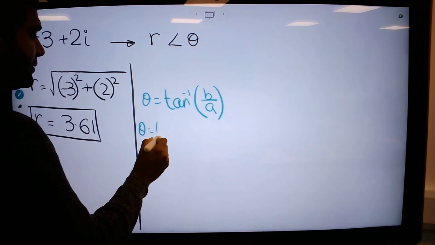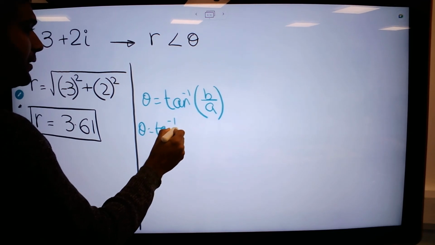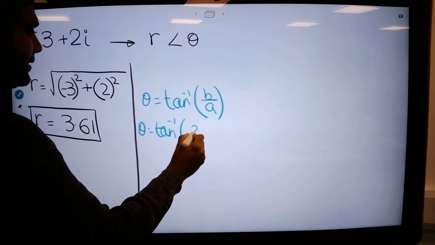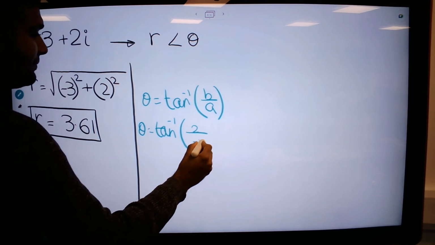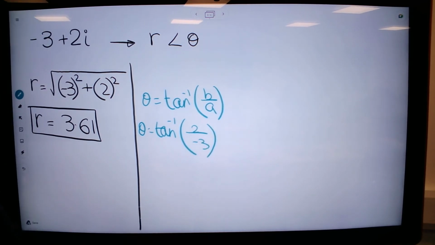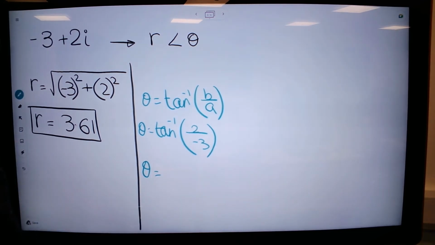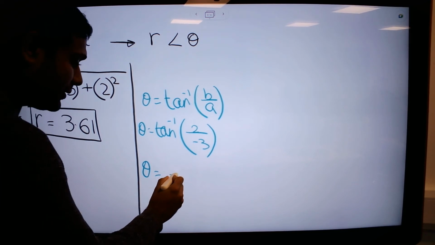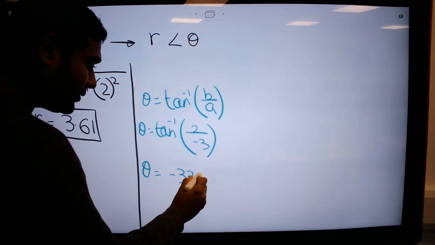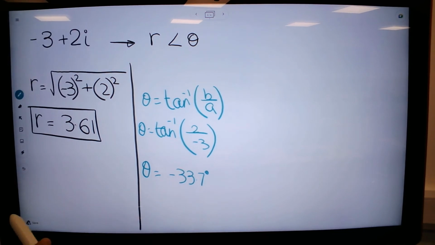What's the b? What's the a? Can anyone give me an answer, please? Minus 33.7. Everyone got the same answer? Yeah. Okay, now let's have a look.